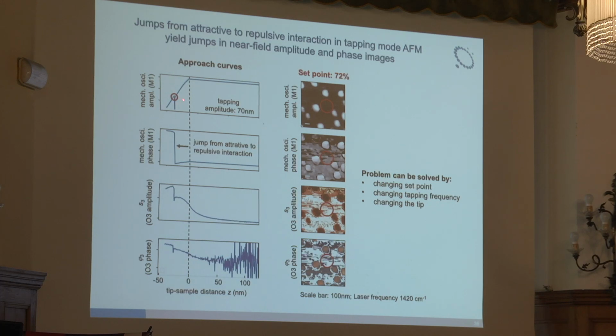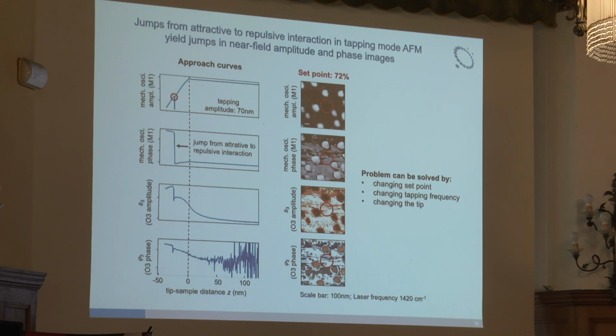This jump has to do with the mechanical interaction between tip and sample. Lucas mentioned there are attractive forces and there are repulsive forces, and here we are in tapping mode. Here you may need to help me a little bit. Once this jump appears, as far as I understood, we go from dominantly attractive interaction to dominantly repulsive interaction.